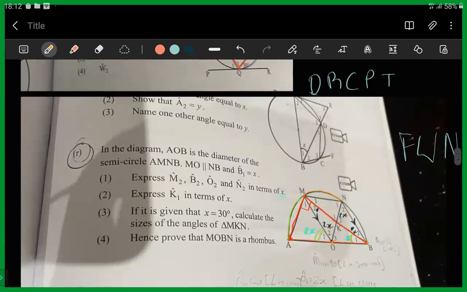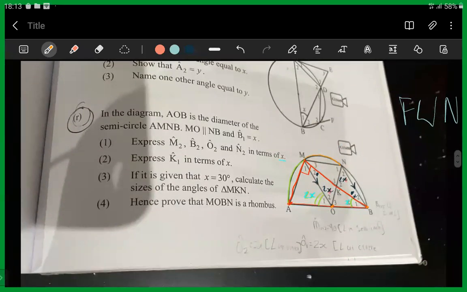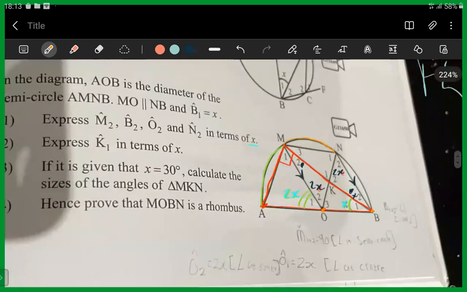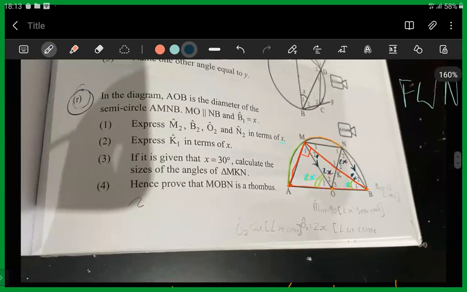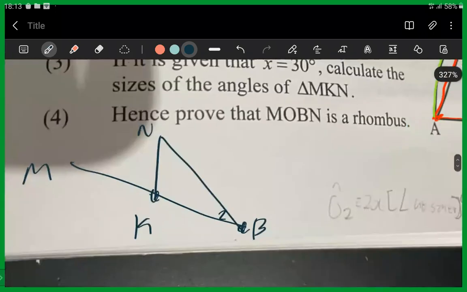Now they say express K1 in terms of X. So, when you have to express something in terms of X, without wasting time, I'll just give you a hint. We have this line here, MB, a straight line, and there's K here, and then we have N here, and then we have B here.